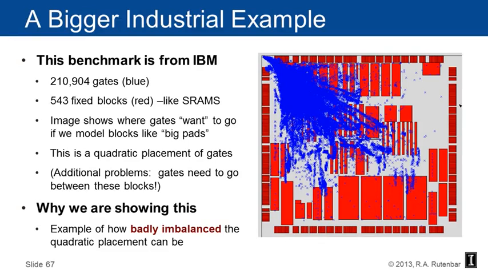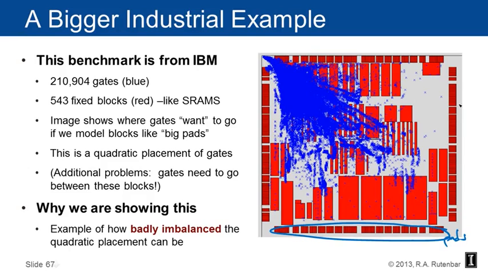So there are pads around the outside. I'm just going to circle some pads. Those are all pads. All those little skinny boxes around the outside are pads. All of the 500 red boxes are either SRAMs or pads. That's all the stuff in red.